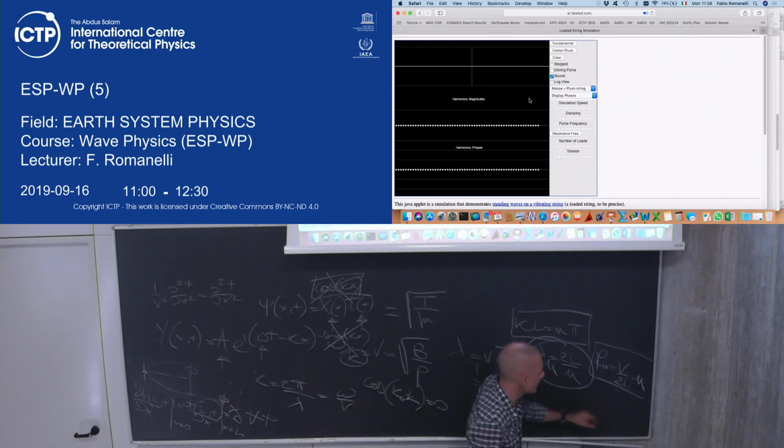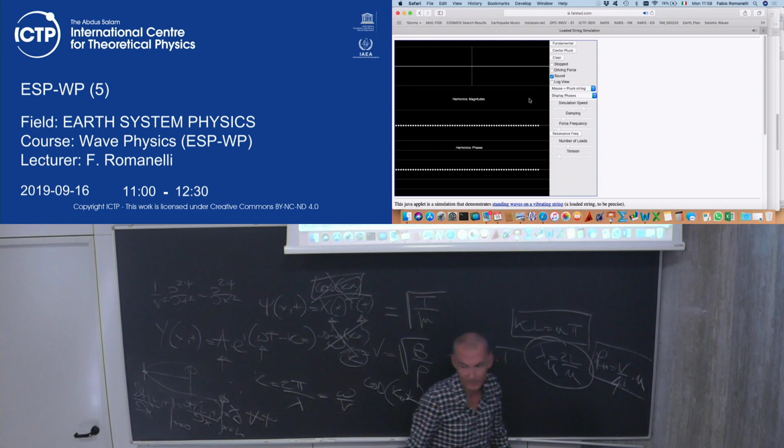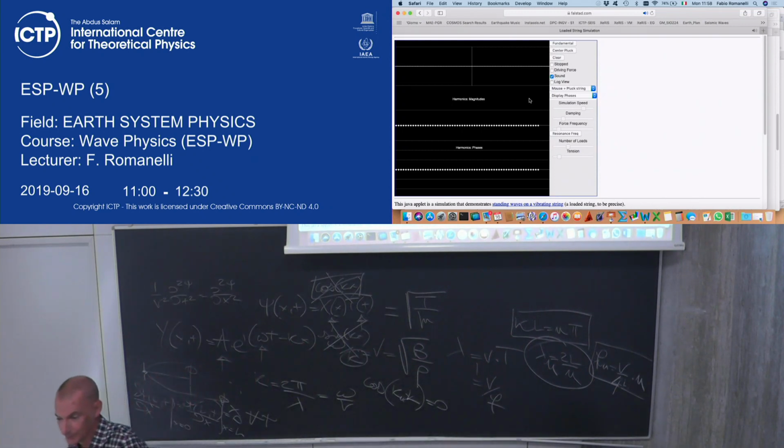And what's going to happen here will be this. And n has to be odd. It's simply a matter of playing with boundary conditions.